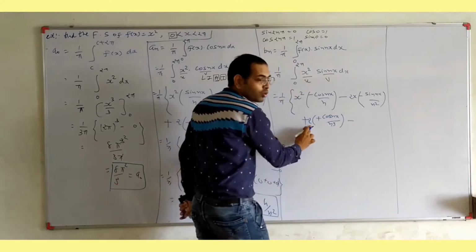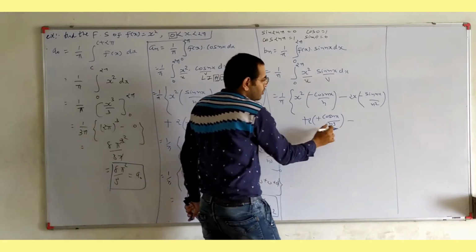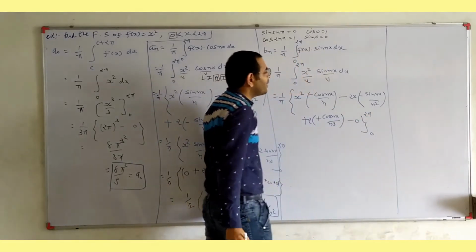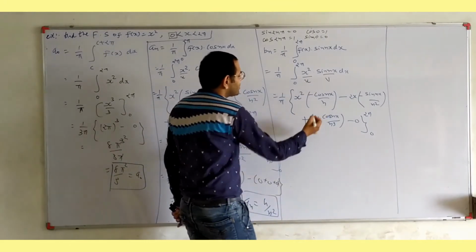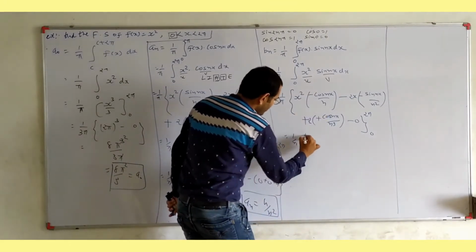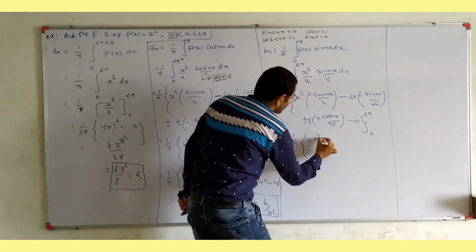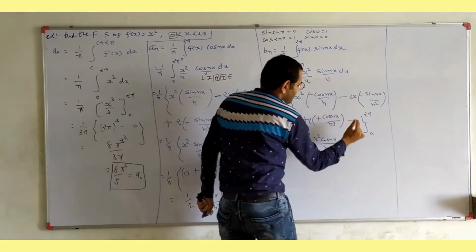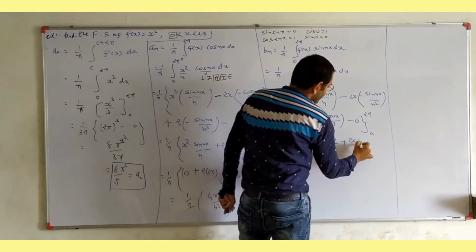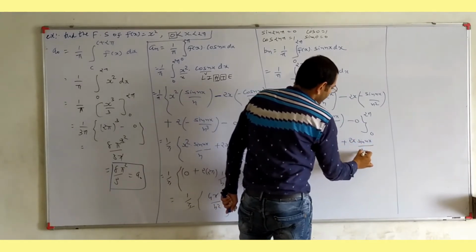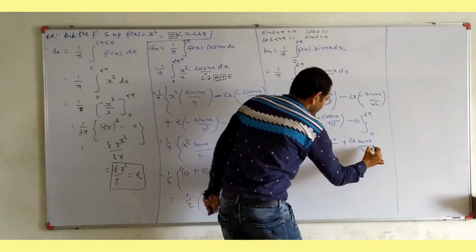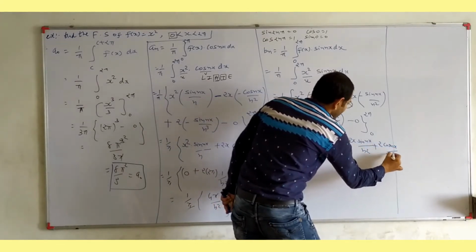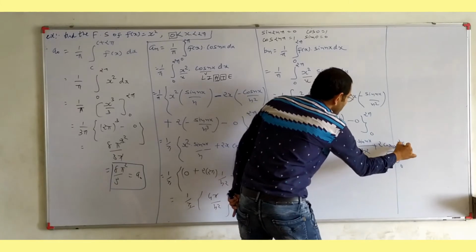Then the derivative of 2 is constant, that is 0, and 0 into anything is 0. Then here the limit is 0 to 2 pi. Now simplify this term. Then 1 upon pi, minus x square cos nx by n, minus plus 2x sin nx by n square, plus 2 cos nx by n cube, from 0 to 2 pi.